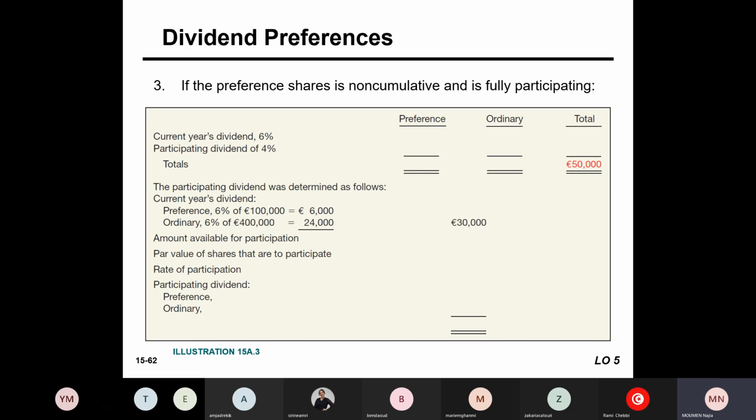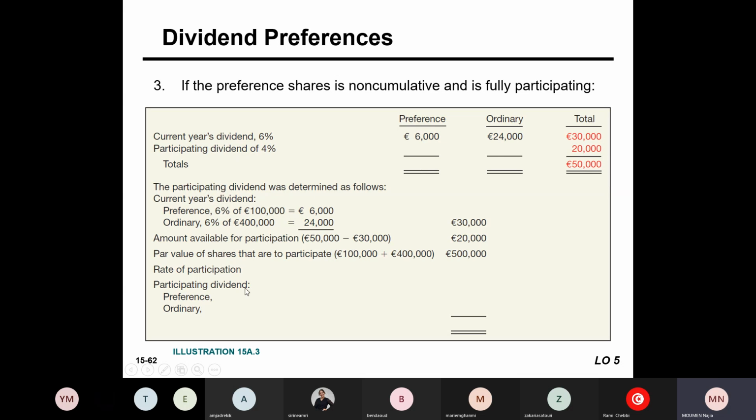But of course, we have a remaining amount of 20,000, okay? The 20,000 will be distributed to preference and ordinary shares as well, but now we should know what the rate will be. We cannot, for example, use the 6%, okay? That's the participating rate, the 4%.